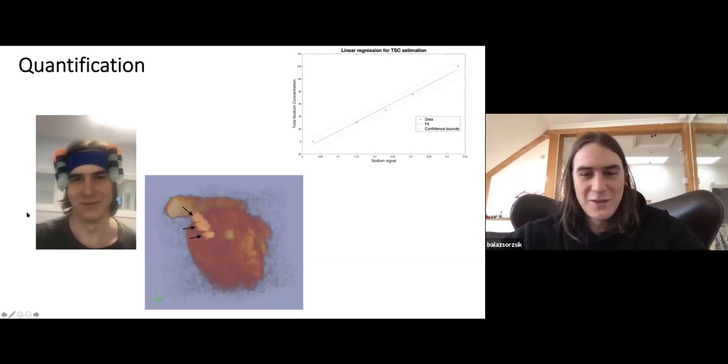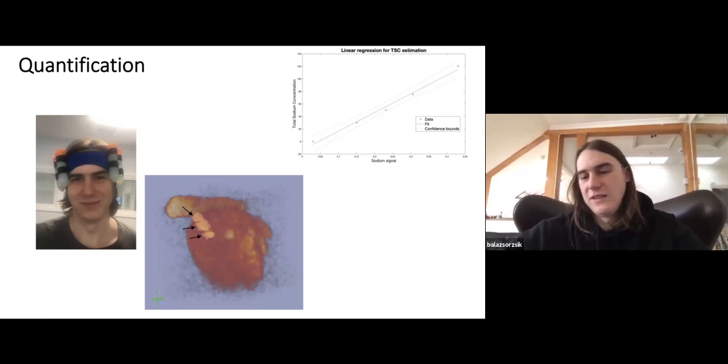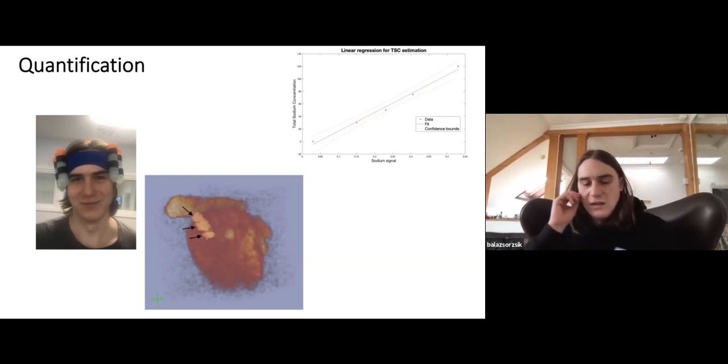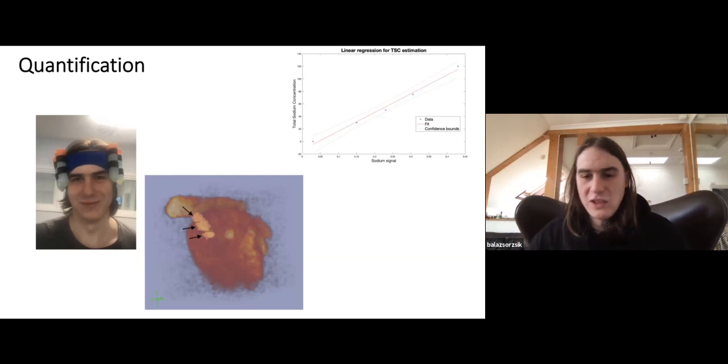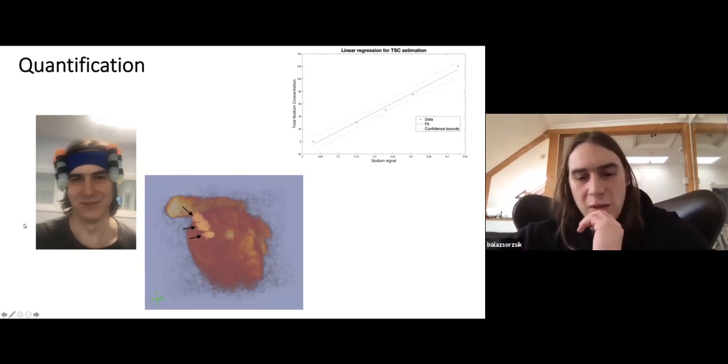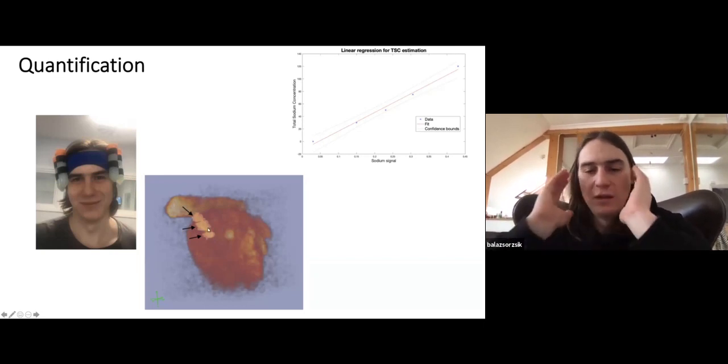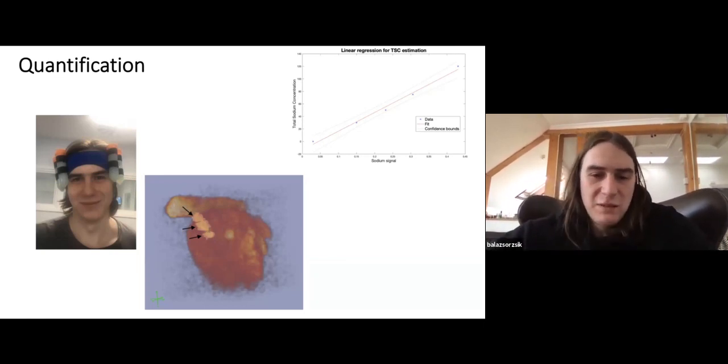So here is an image of myself. These are the so-called sodium phantoms that we need to quantify the signal, to convert the signal into something physiologically meaningful. What we do is we place the phantoms around the head in the field of view, and then we create some kind of ROI.